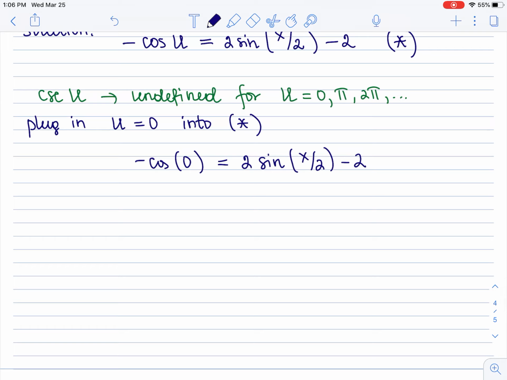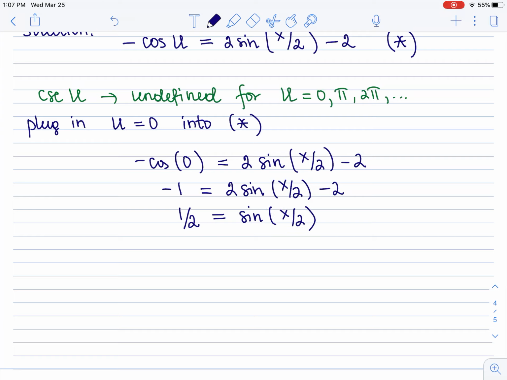This is a simple trig equation that we should have been able to do since pre-calculus. Negative cosine of 0 is negative 1. So negative 1 plus 2 is 1, and let's divide everything by 2 to get this equation here.